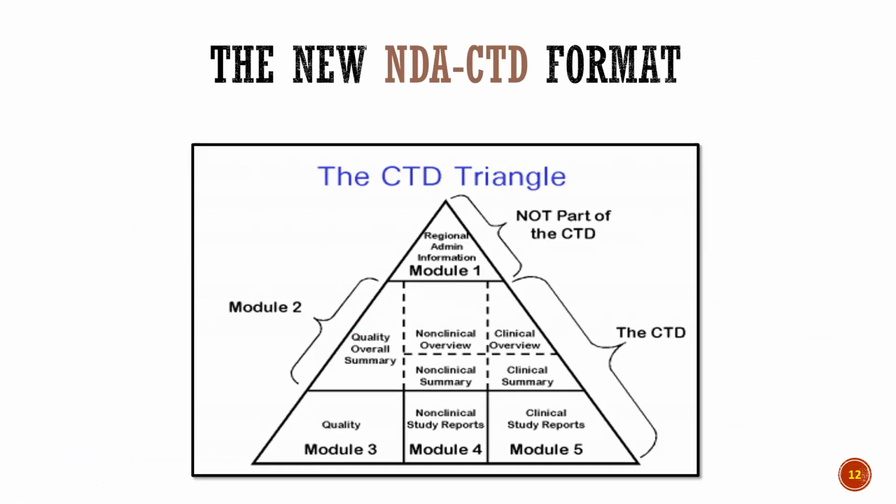In module 1 we also have close to 30 subsections, where we give all the details like forms, cover letters, administrative information, contact information of the applicant, and the address of the corporate office in case of any changes in the sponsors. In detail, it's a huge document. If you want, you can refer to the USFDA websites.